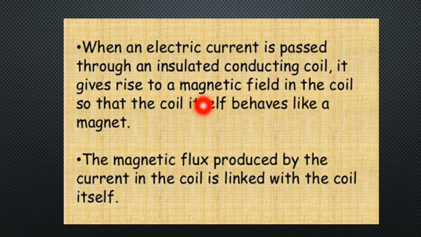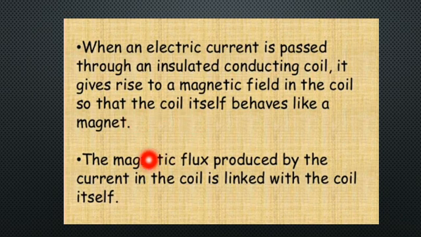So current flows through the coil, and around the coil a magnetic field is produced, so the coil itself behaves like a magnet. The coil acts as a magnet at that time.